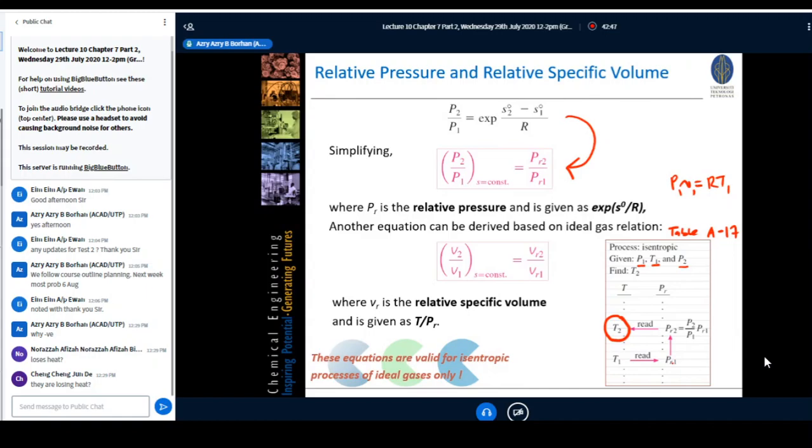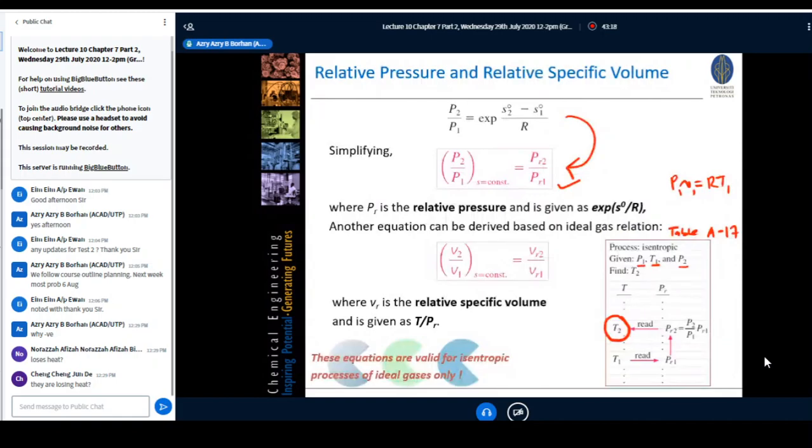Since I am using relative pressure, this is the formula that I can apply: Pr2 equals P2 over P1 times Pr1. From the value that you have calculated for Pr2, you can then simply get T2, the final temperature of the gas. And probably you have to perform some linear interpolation on that.